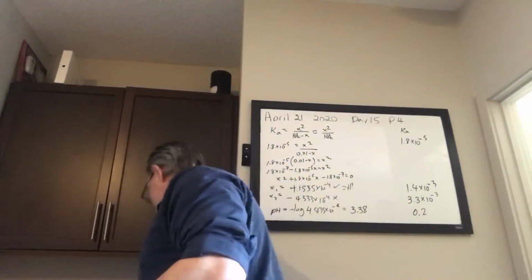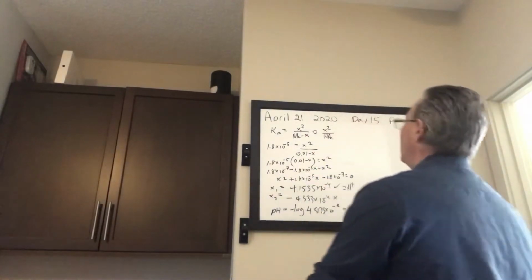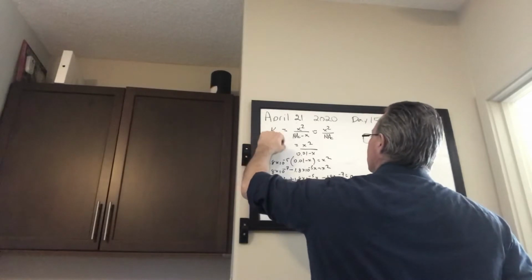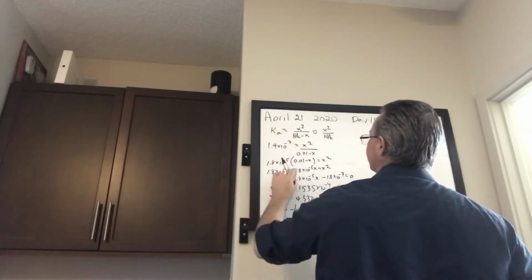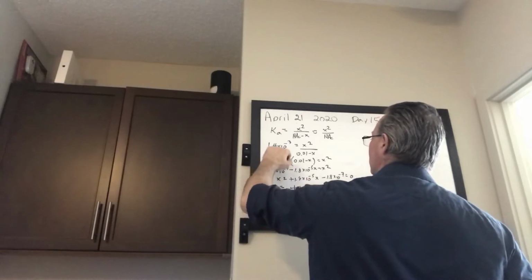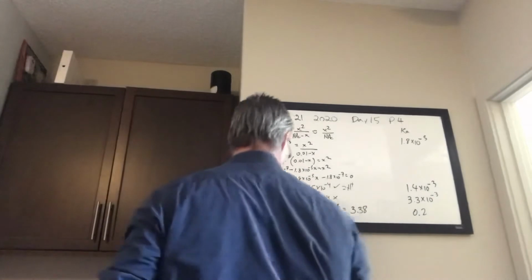Now what if we use chloroacetic acid with a Ka of 1.4 times 10 to the minus 3? So now this will become 1.4 times 10 to the negative 3. So what you'll get is everything will be different from that point on.